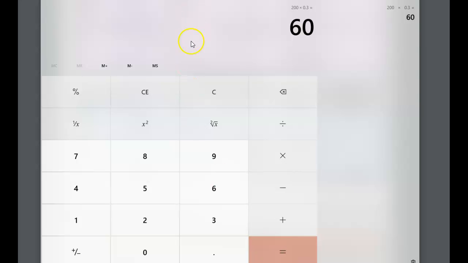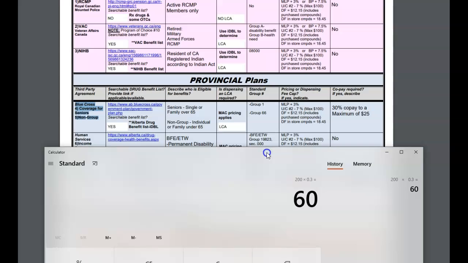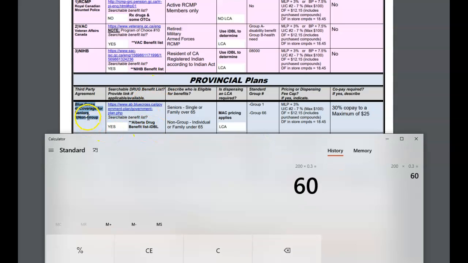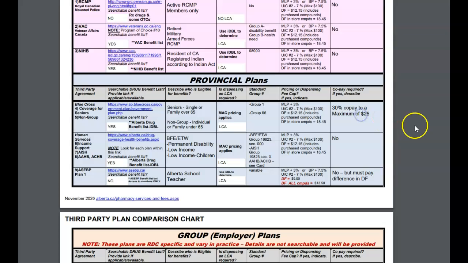But for these customers that fall under our Blue Cross government-sponsored provincial plan, they wouldn't pay this total of $60. They would pay a total of $25. So whatever the copay is, first we calculate that 30%.